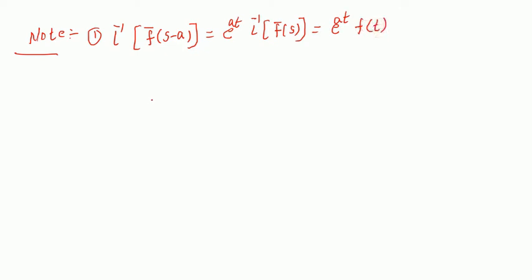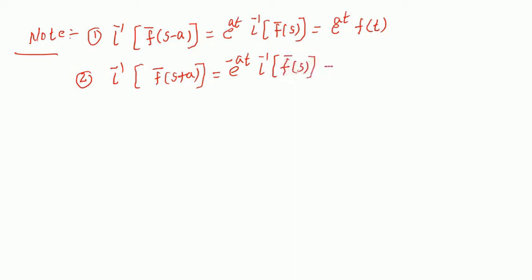Now the second point. Suppose the function is in the form of f bar of s plus a. If we have plus a, we write e power minus at, and the remaining term is L inverse of f bar of s.